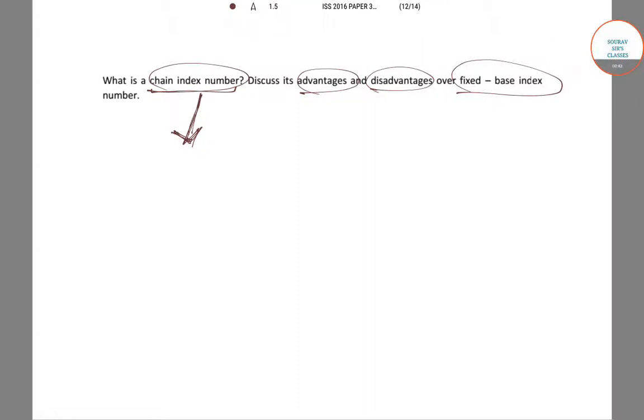Now, in this method of chain index number, there is no fixed base period.